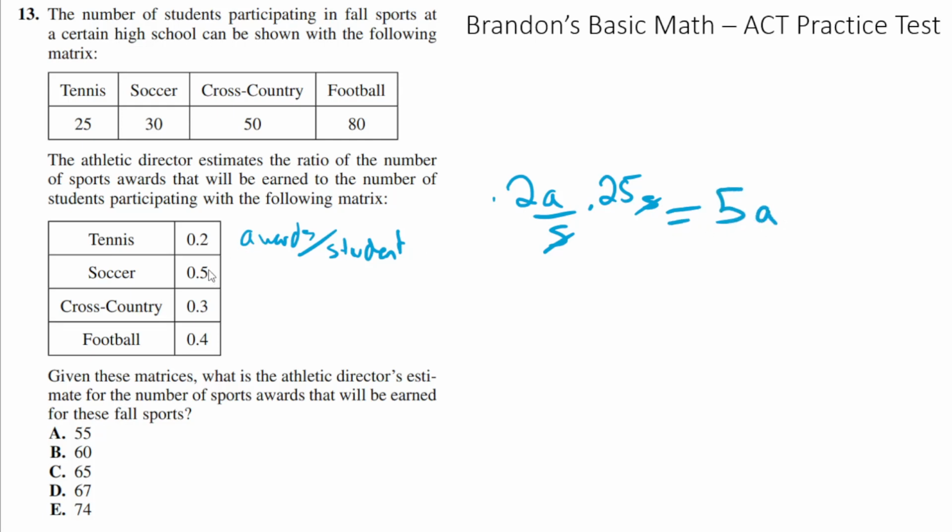And then you do the same thing for soccer. So 0.5 times 30 is going to give 15 awards. And then you do 0.3 times 50, which is 15 awards for cross country. And you do 0.4 times 80, which is 32 awards for football. So all you need to do is sum all of these up, and that's going to total 67, which is going to be answer choice D.